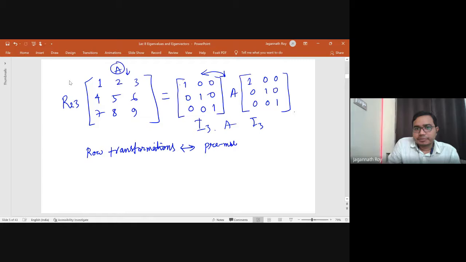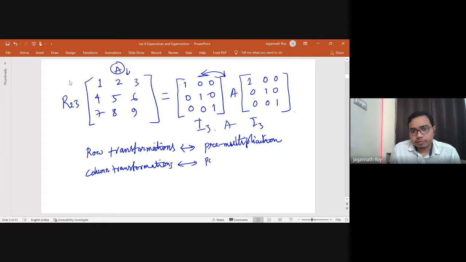So that is why the left hand side matrix will change if we do the row operations. If we do column operations, column transformations, so this will become post multiplication. So the right hand side matrix will change.